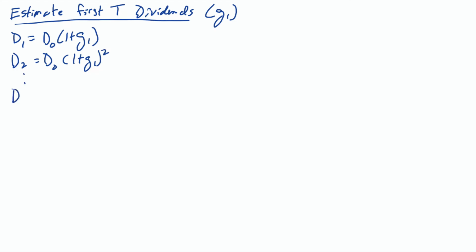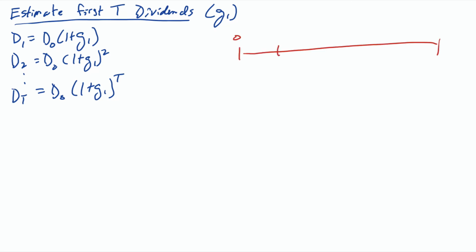We could do that all the way through DT, where DT is equal to D0 times 1 plus G1 raised to the T power. So let's go ahead and start building our timeline now. Go to time T plus 1. If we've done these calculations, we'll have D1, D2, all the way to DT calculated.